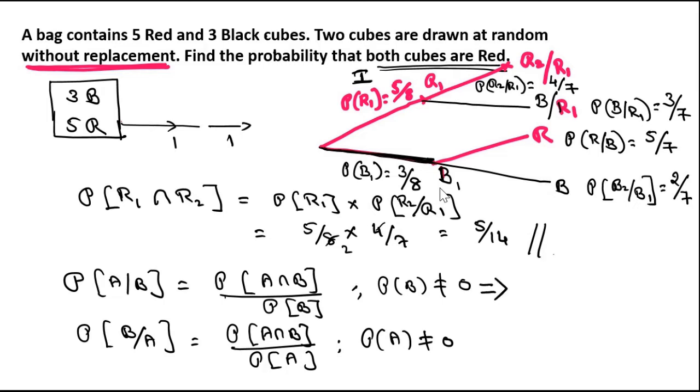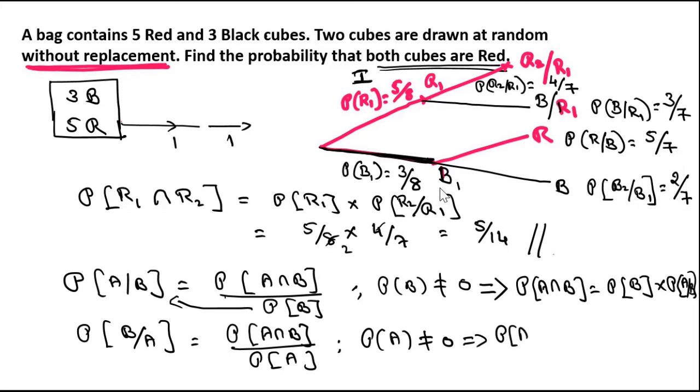So from this definition of conditional probability, we can take the probability of A intersection B equal to the probability of B into the probability of A given B. And from here we can also write the probability of A intersection B as the probability of A into the probability of B given A.